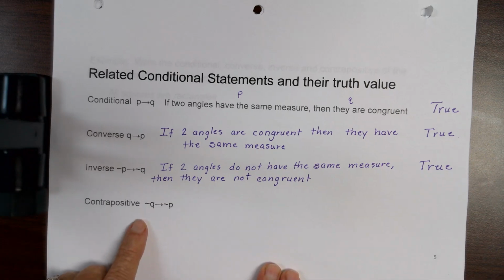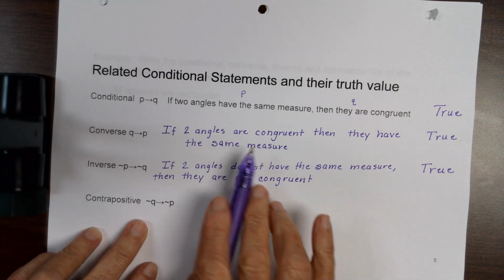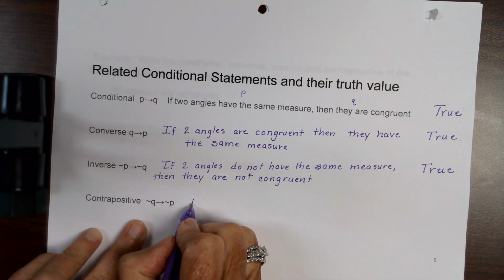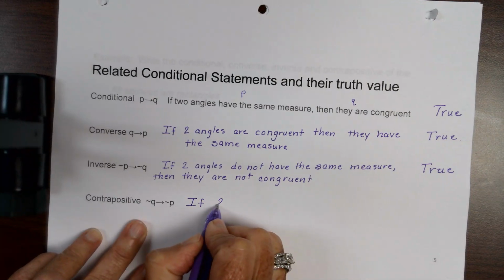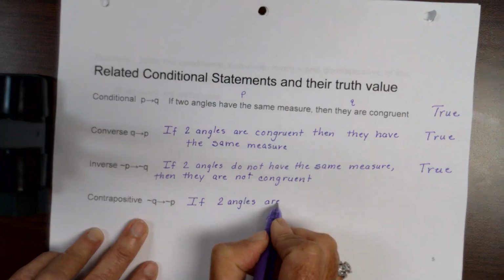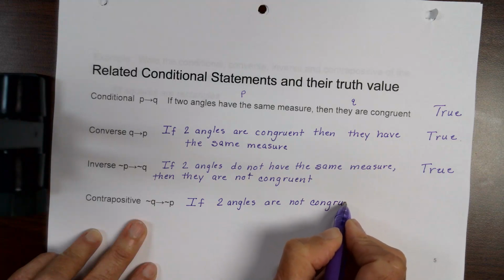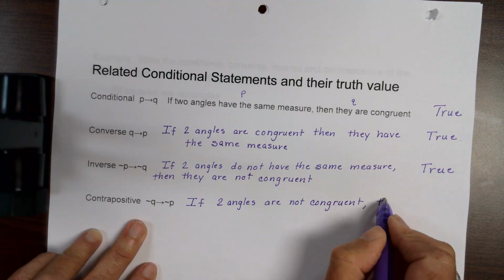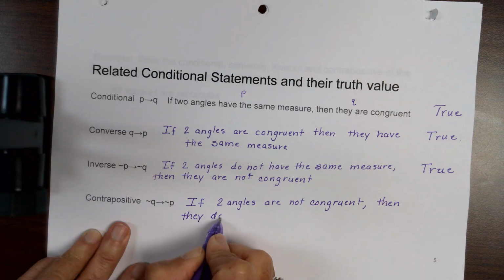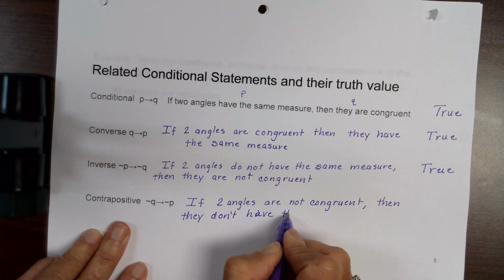All right, then the contrapositive is the negation of Q, then the negation of P. So I'm going to come up here to this one because that's Q then P. So I'm writing the negation. If two angles are not congruent, then they don't have the same measure.